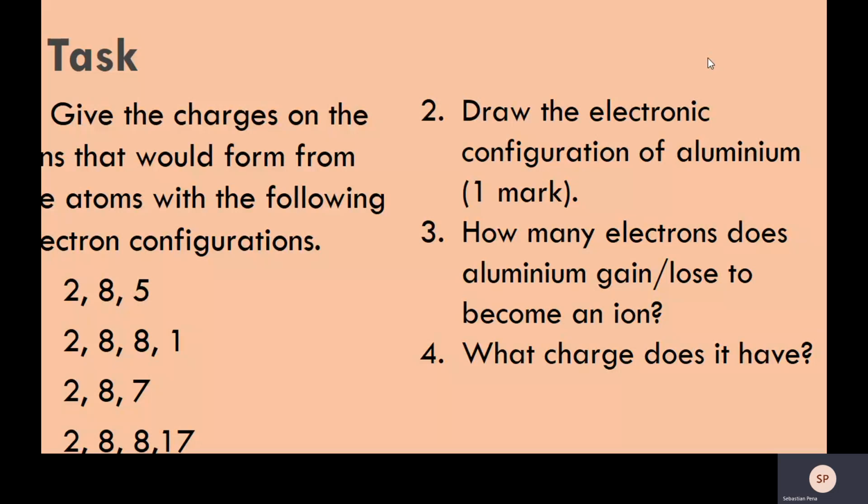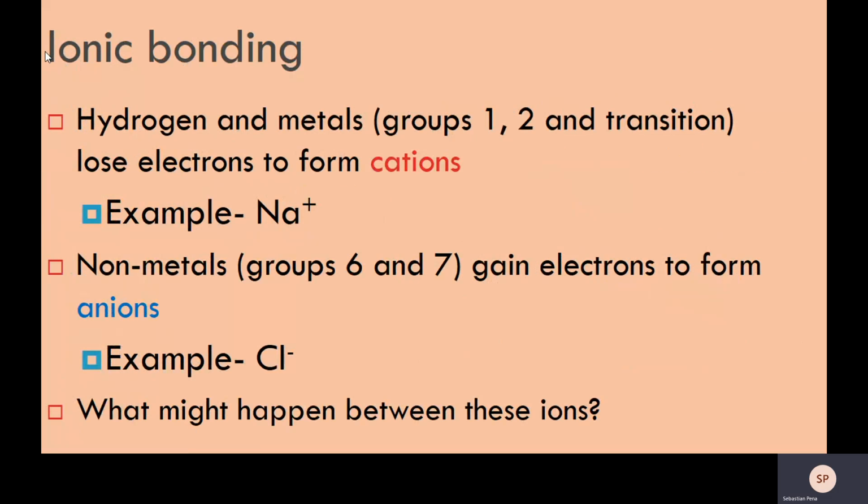Okay, so welcome back. If you have done the activity, feel free to email it to us. We'll give you some feedback on how you can improve and how you can make more progress. So ionic bonding then, basically this is a type of bonding that is all about cations and anions. So looking at these, hydrogen and metals, group 1 and 2, transition metals, lose electrons to form cations.